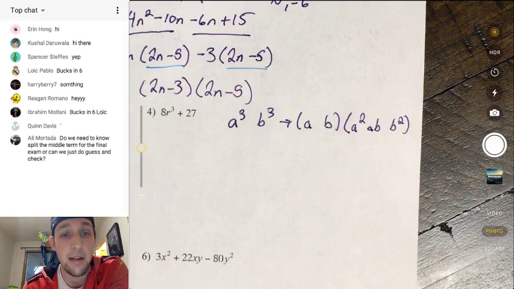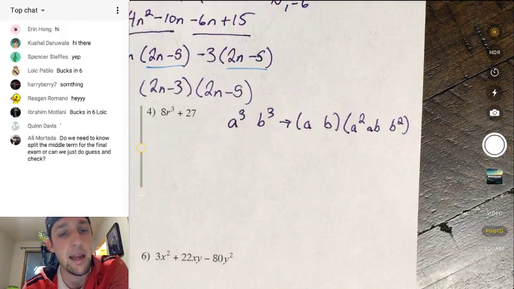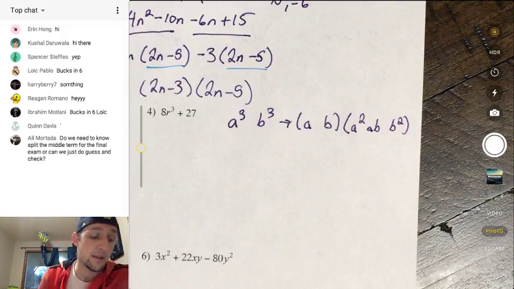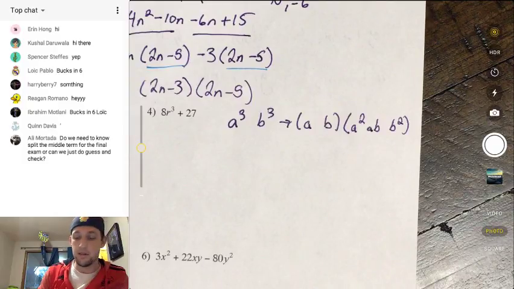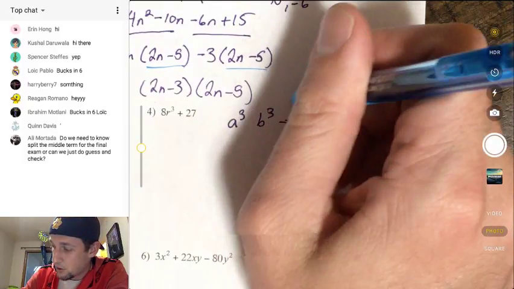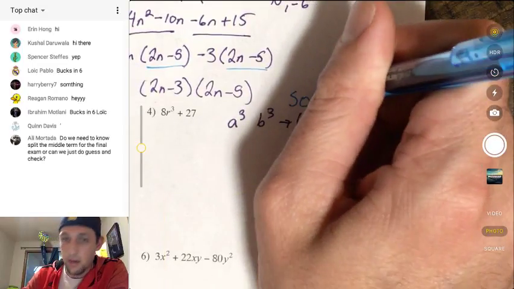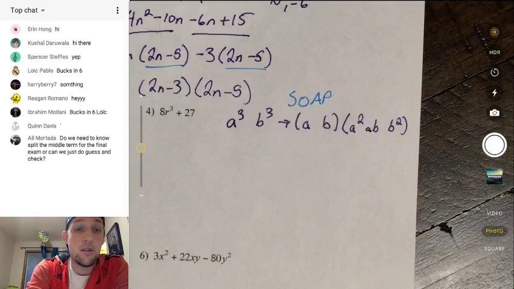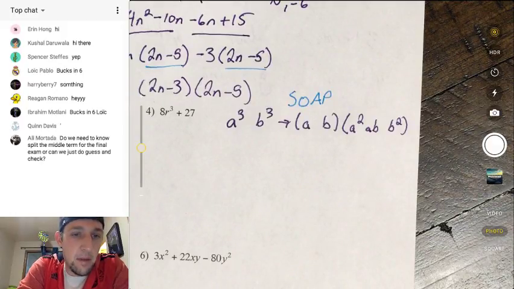Now, I didn't put any actual symbols in the formula, and the reason is there's one set of symbols for plus and one set of symbols for minus, and we actually had an acronym that we used to remember these. You don't need to use an acronym, you could just memorize them if you wanted to, but the acronym we used was SOAP. What that stood for is same, opposite, always plus.